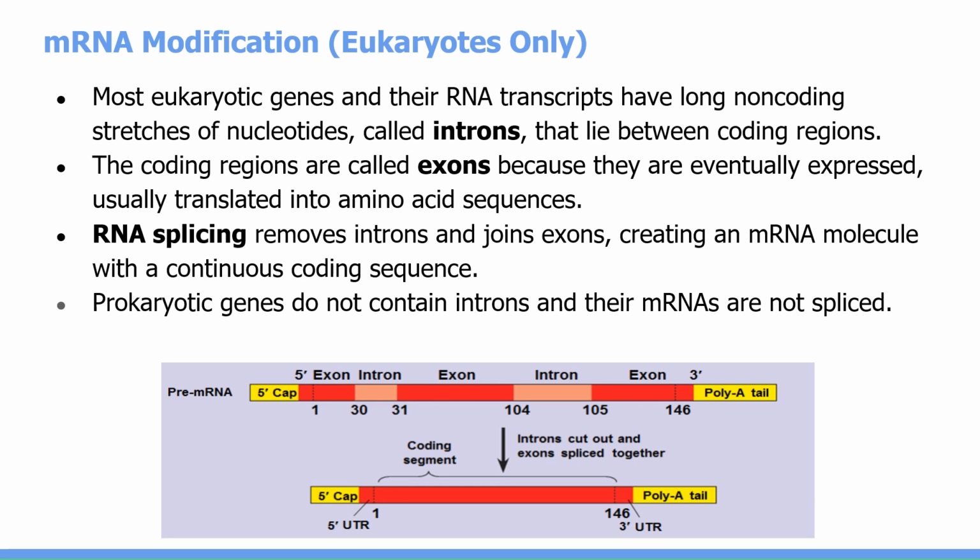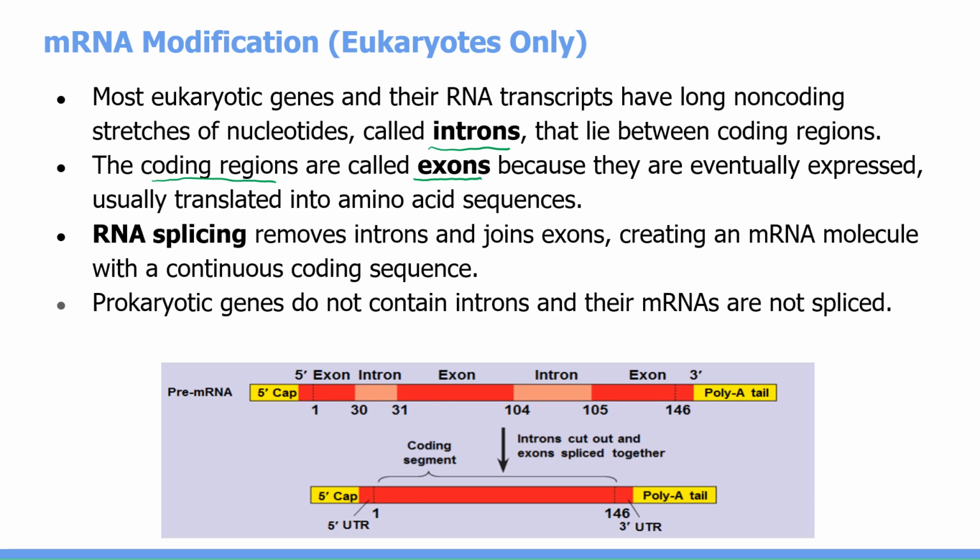And then the genes, y'all, from eukaryotes have long non-coding regions called introns. They lie between the coding regions. The coding regions, the ones that express the protein, are the exons, because again, they are expressed and translated into amino acid sequences.